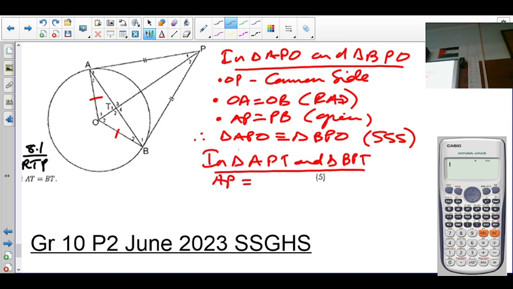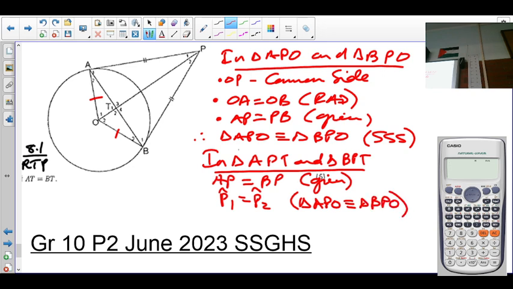AP is equal to BP. Why? Given. Then we say that P1 is equal to angle P2. Why? Because triangle APO is congruent to triangle BPO. It was proven. And TP is a common side.